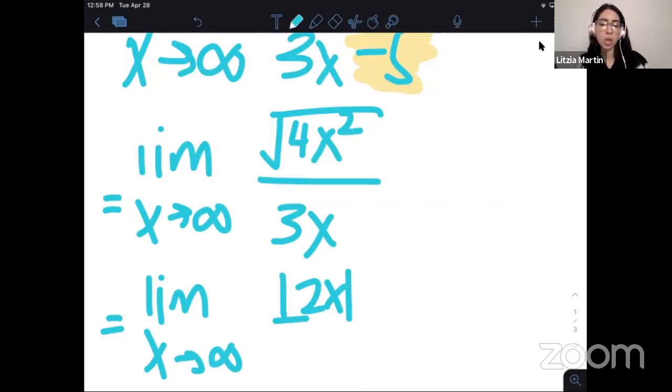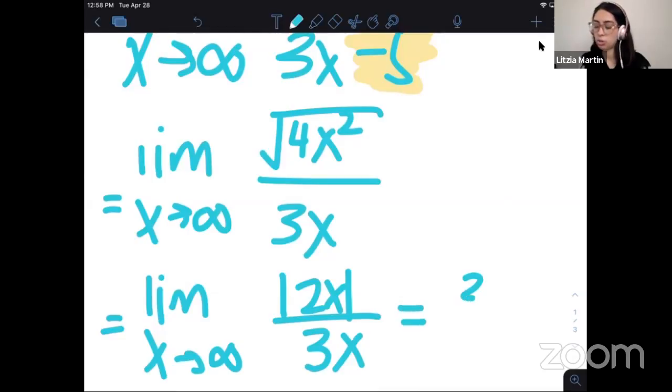Like that. So now we've gotten to the point where we see it's actually the same degree in the numerator and the denominator. And so if we plug in a really large positive number, we know it's just going to be 2/3. The coefficient of those two terms, 2x and 3x, is 2/3.